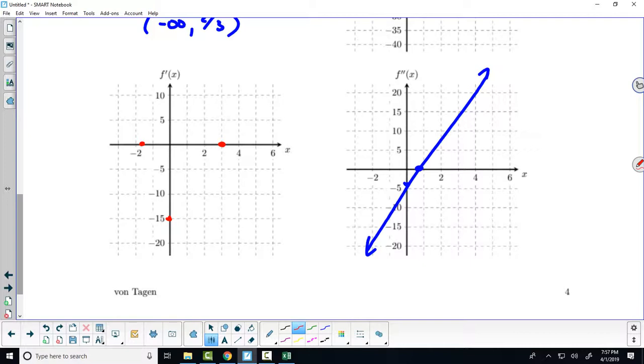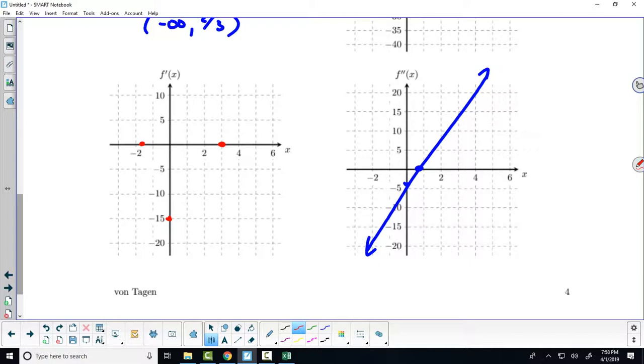At 2/3, because that's where its derivative changes sign. So that's where f prime must have a local max or min. Because at 2/3, f double prime changes from negative to positive, that means f prime must change from decreasing to increasing.